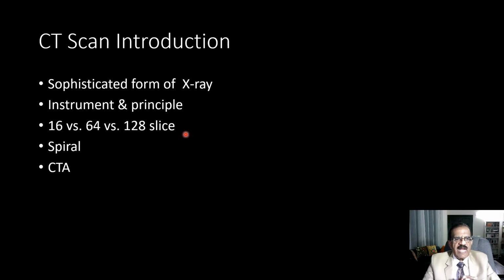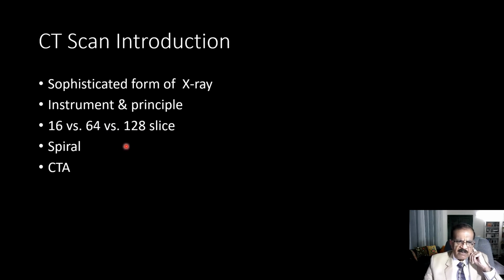It means the image will be acquired very fast. The total time needed to image one area will be less. Plus, the main advantage is that you can actually image a moving object also, like coronaries. That is the advantage of these 128 slice CT scans.